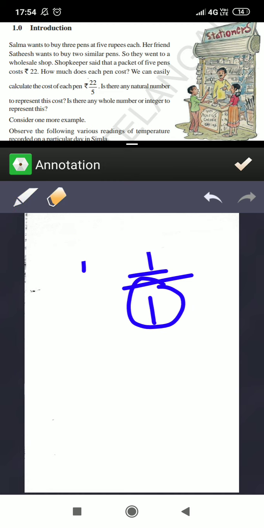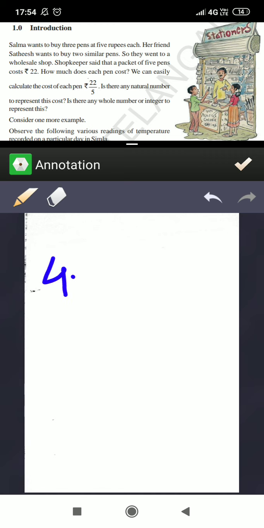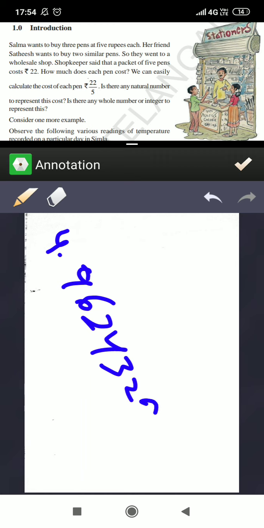Suppose I give you another number, 4.4692 and so on like this. Or see here, 4.9624329262 and so on.